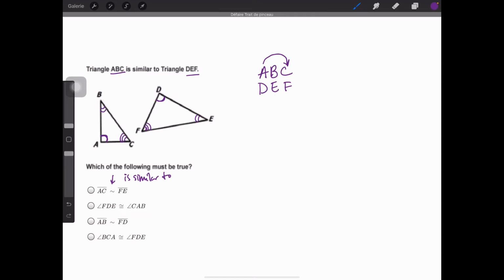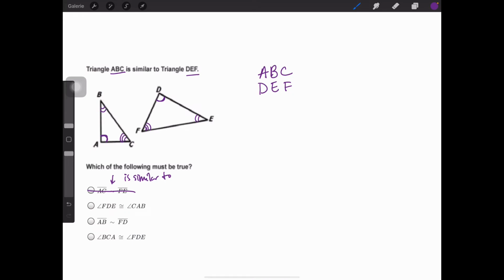To be similar, AC would have to start on the first letter because A is the first letter and end on the last letter. So to be similar to AC, it would have to be DF. This first one is not similar, so this is incorrect. I'm going to go ahead and cross this out.